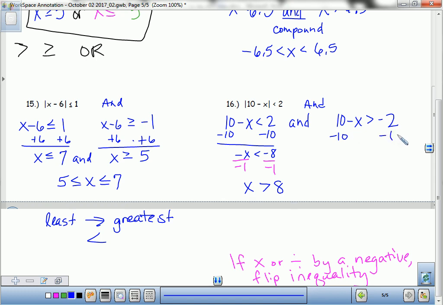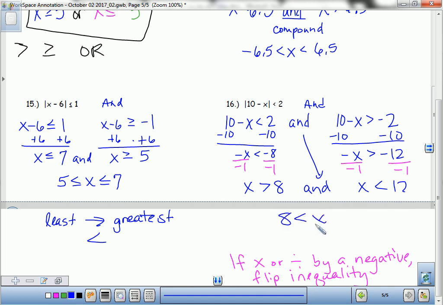And then the same thing's going to happen with this one, because we still have that negative x. But when we divide by negative 1, this one flips from greater than to less than. And this makes sense, because to be an and problem, are there numbers that are greater than 8 and less than 12? Yeah. So to write it as a compound inequality, the least one to the greatest one.